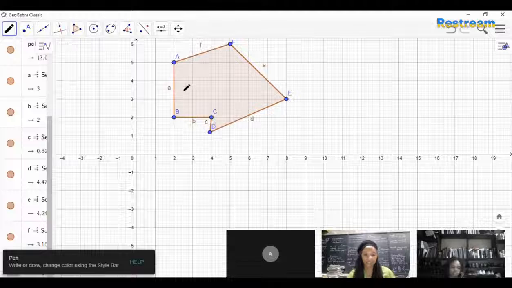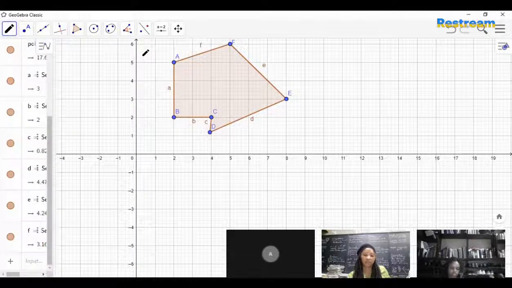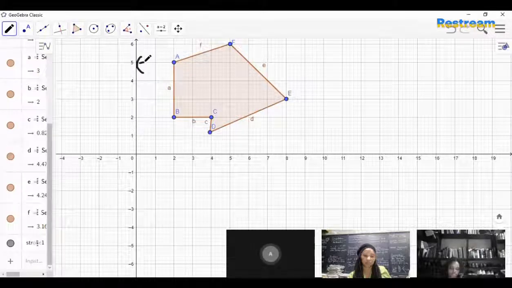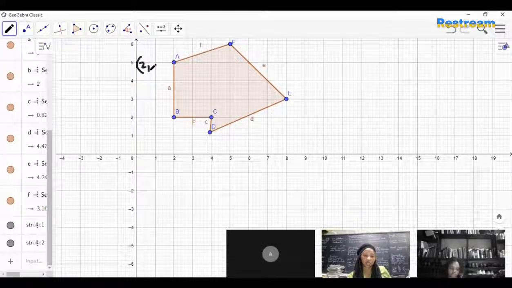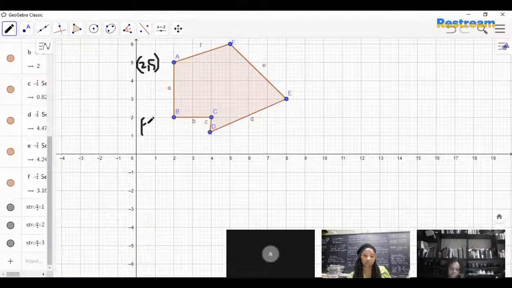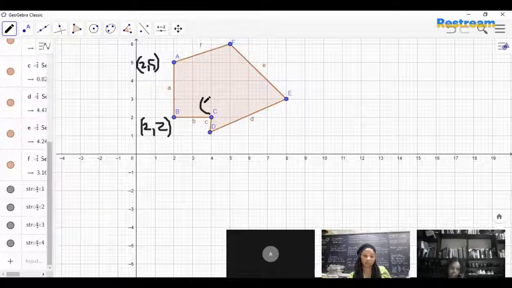Tell me the coordinates for A. A is 2, 5. And B is 2, 2. And C, sorry, 4, 2.